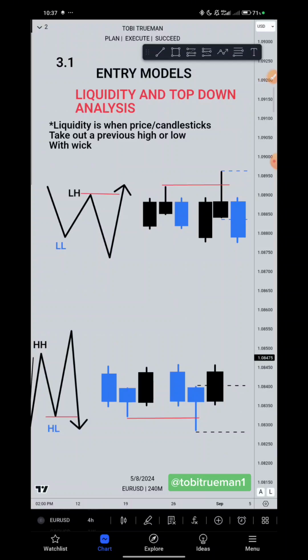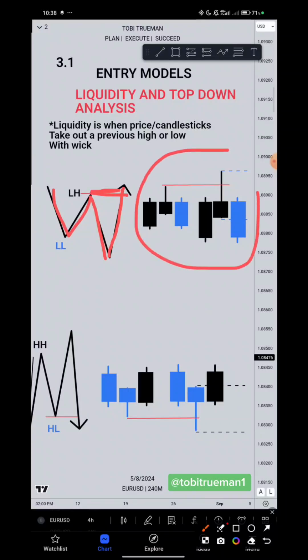Since we are dealing with just price action, we have price making a lower low, price went up and made a lower high, then price came down again. Now when price was making this move, it went up again and took out the lower high, but in the process of taking it out, it was with a candlestick wick.